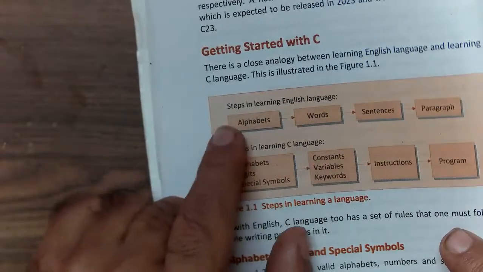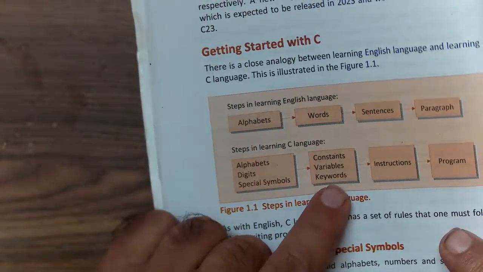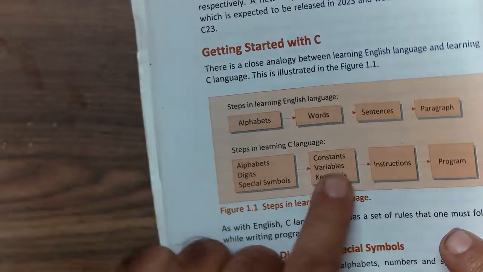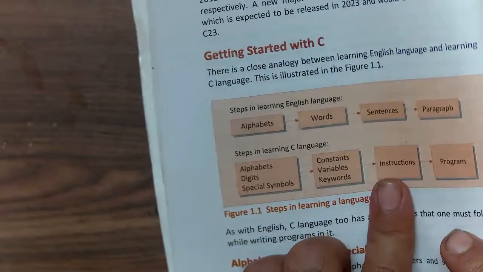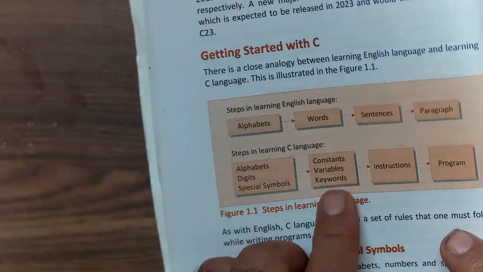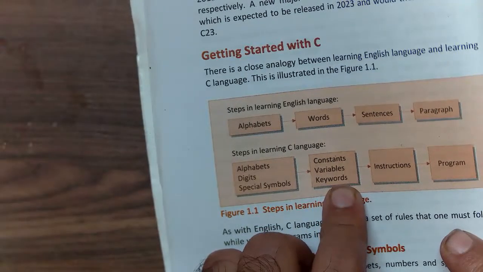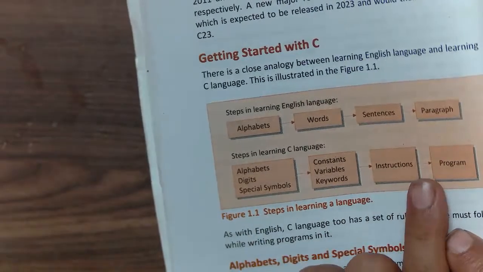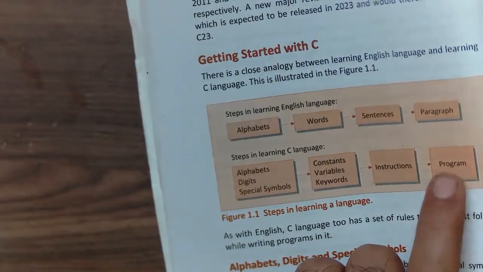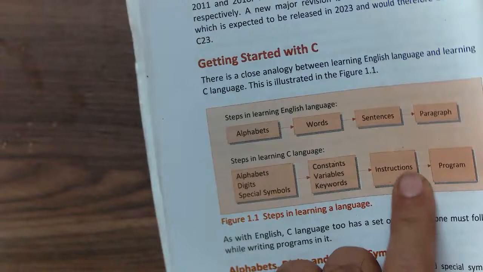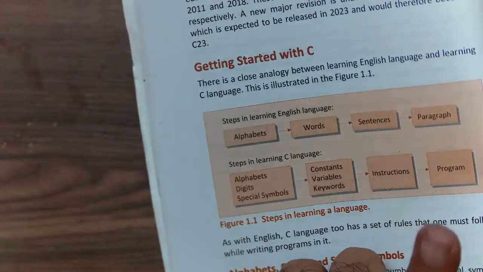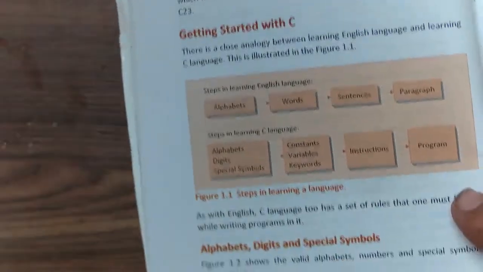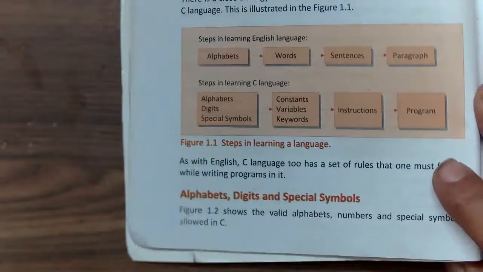Just like words are made of alphabets, constants, variables, and keywords are made up of alphabets, digits, and special symbols. Then instructions are made up of constants, variables, and keywords, just like sentences are made up of words. Then a program is made up of instructions. The complete instruction set is a program, just like a paragraph is made up of sentences. Okay, I understand. Easy, very easy.